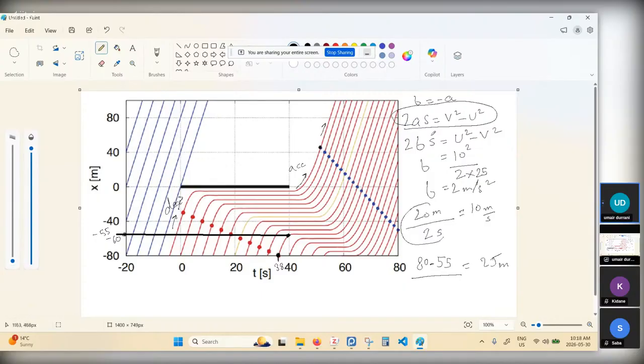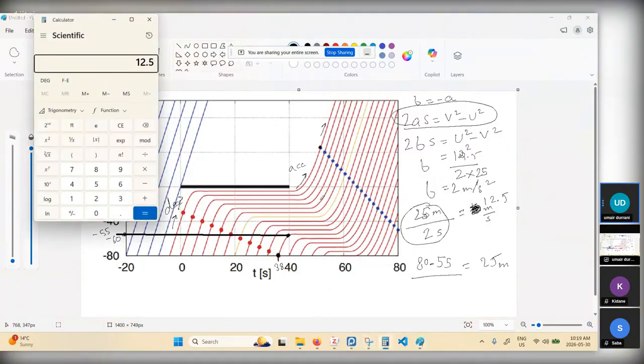We have done that right here. So this is about 20 meters divided by 2. So instead of 20 meters, you can use 25 meters. So 25 divided by 2 would then be like 12.5 meters per second. So if we use that here, 12.5, and we have 2 into the distance that is covered, 2 into 25, then let's see what we get.